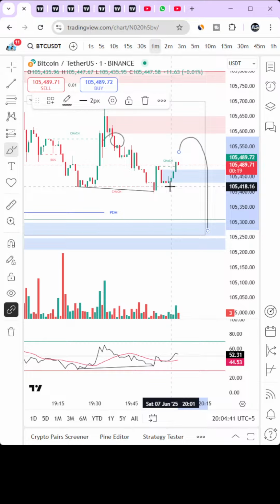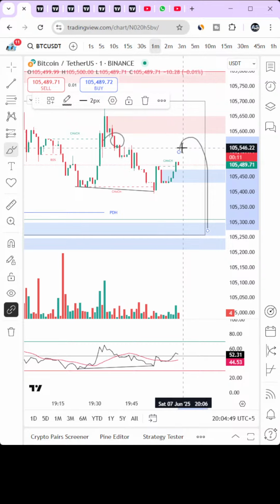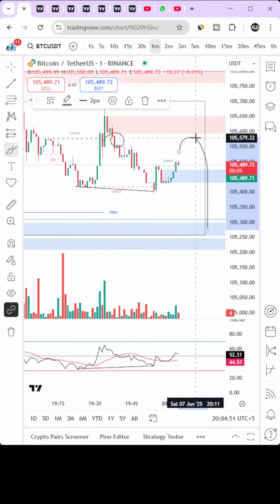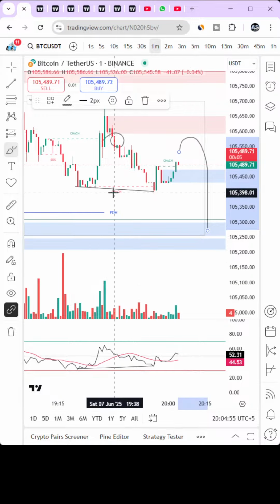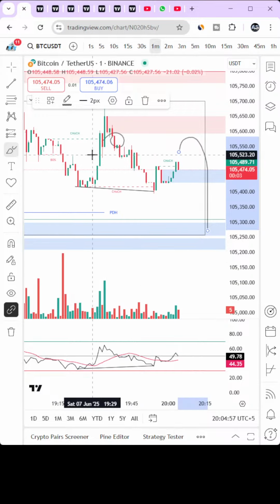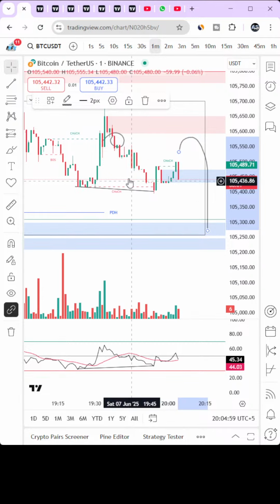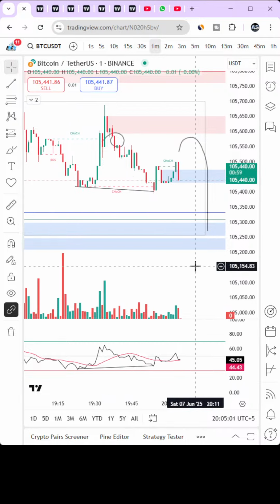Otherwise this scalping will destroy us, and it can eat our valuable account, so we should avoid it. Now see, the market is returning back. Very dangerous market for scalping.